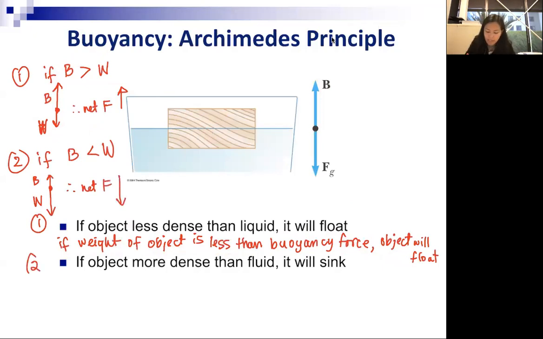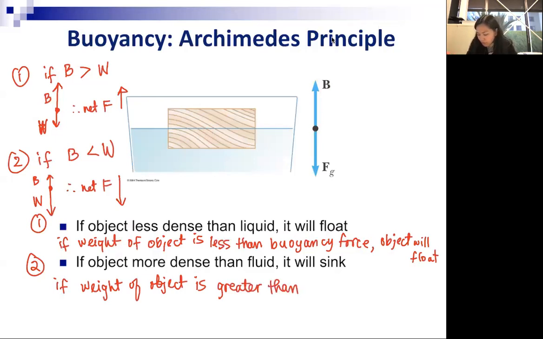And that will be the second case, when the object will sink, because the net force will pull the object downwards. So if the weight of the object is greater than the buoyancy force, then the object will sink.